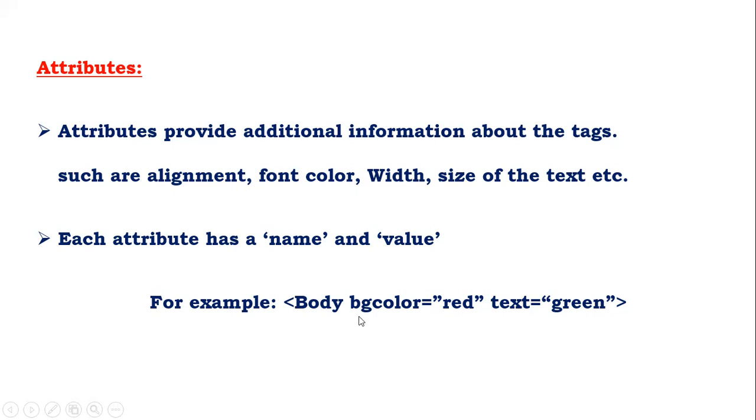So in this example, bgcolor and text are the attributes and red and green are the values. As mentioned here, each attribute has a name and value. So bgcolor and text are the names and the red and green colors are the values. That is why attributes provide additional information about the tags.